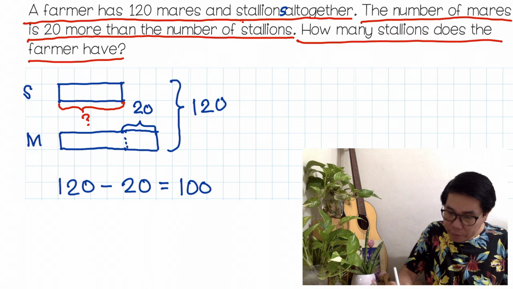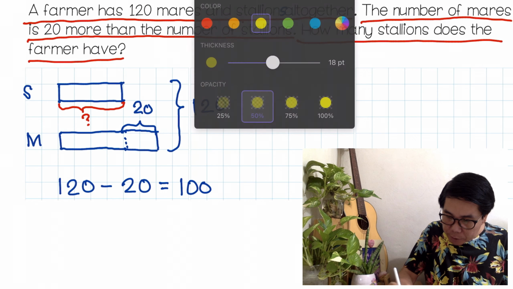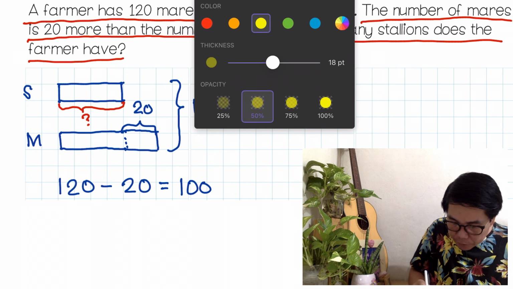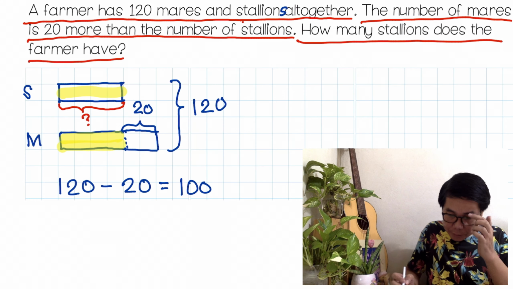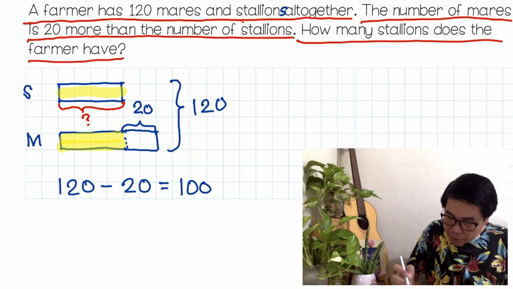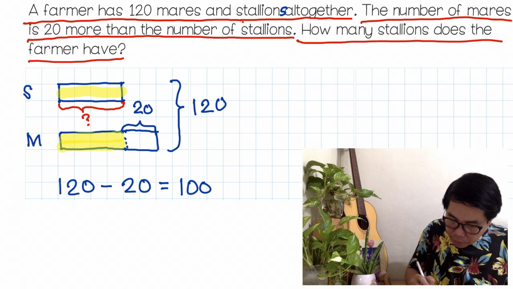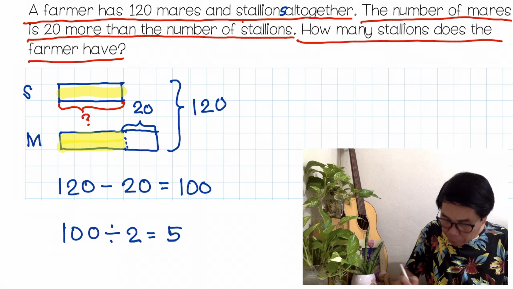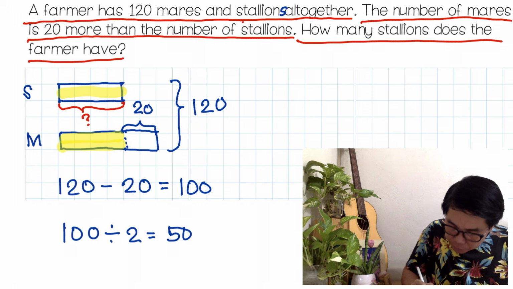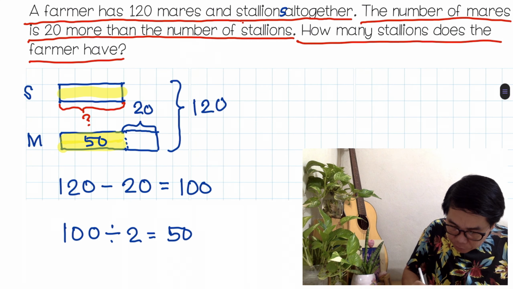So 100 now is for the two parts, this and this. Then we have to divide 100 by 2, which gives us 50. So this one is 50 and this one is 50.